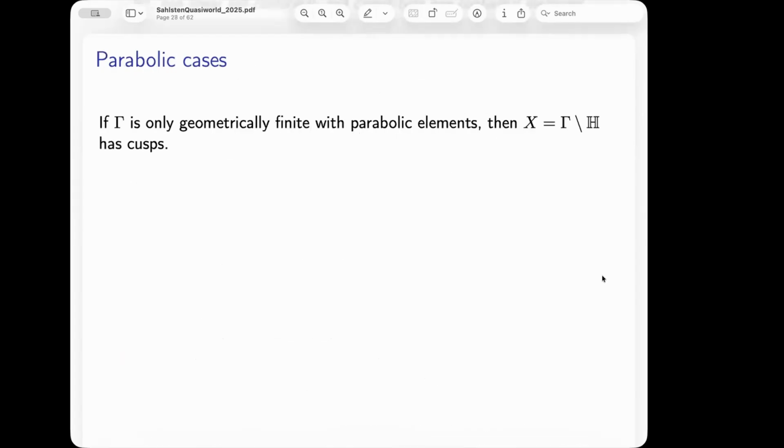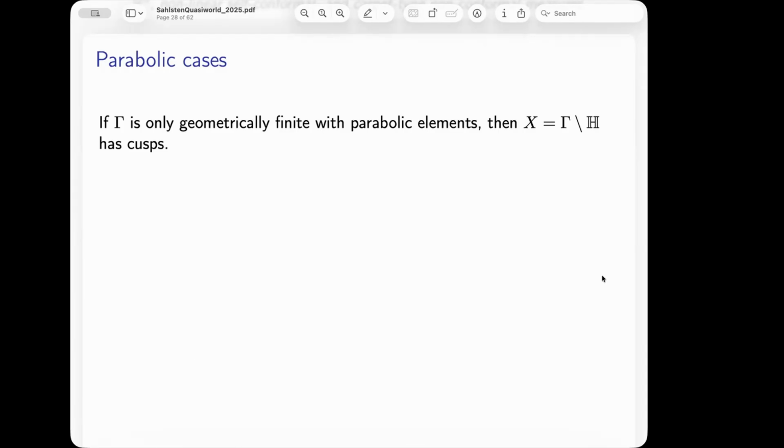Okay, so that's one result, and another one that I want to mention before I go to the Sullivan dictionary part is the parabolic case. So let's go back to the limit sets in hyperbolic surfaces, not manifolds but two-dimensional surfaces, and let's add parabolic elements into the group. So we have some kind of cusps in the surface, essentially.